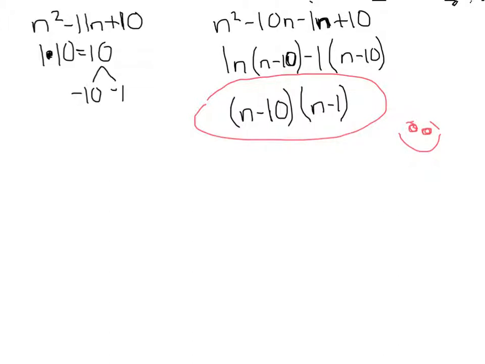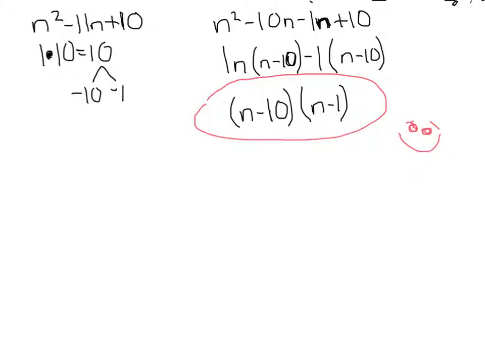Okay, so you're going to start with the problem, n squared minus 11n plus 10. So then you're going to multiply 1 times 10. You multiply the 2 outside, and that's going to give you 10. And you're going to try and get two factors of 10 that equal negative 11.